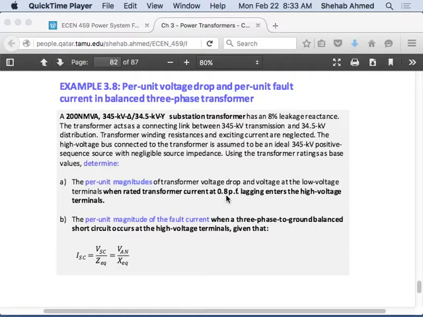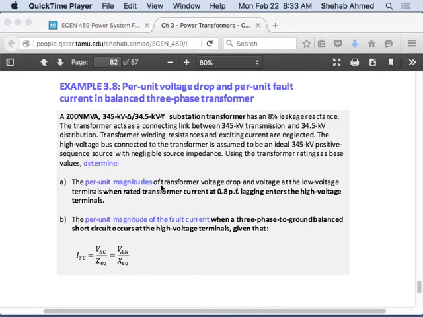So the base current will be the rated transformer current. They're telling you that the current going out of your generator into the transformer is 1 per unit at an angle of minus inverse cosine 0.8. So they've given you the value of the current and its angle.